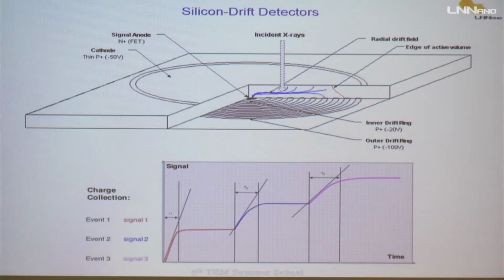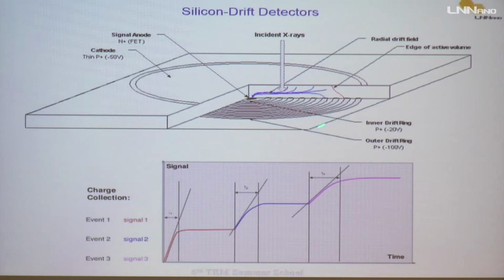Now I have a small plate with many rings where we put different voltages, different potentials, in these rings. This is the part where the X-rays arrive, and on the other side of the detector, I have these conductive rings, where I put some negative potential.